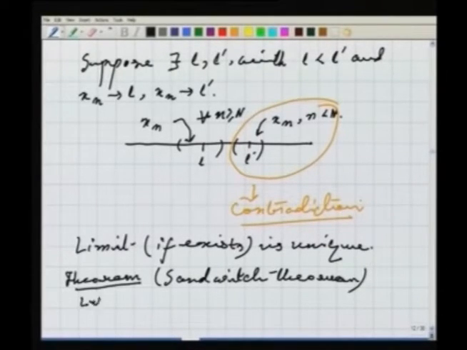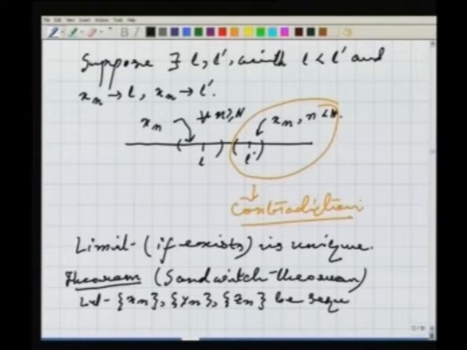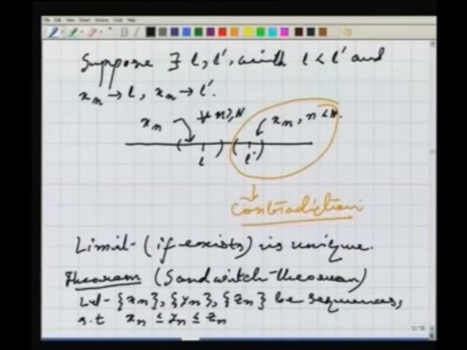So, let xn, yn and zn be three sequences such that xn is less than or equal to yn and yn is less than or equal to zn. That means the sequence yn is actually sandwiched between the two sequences xn and zn.